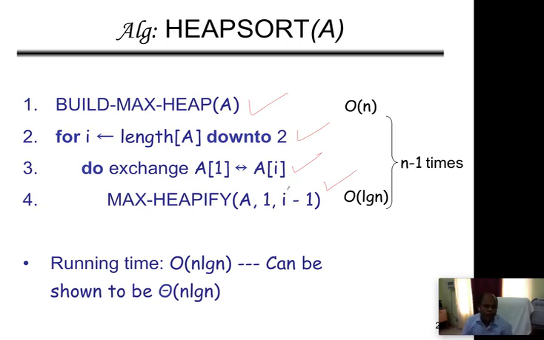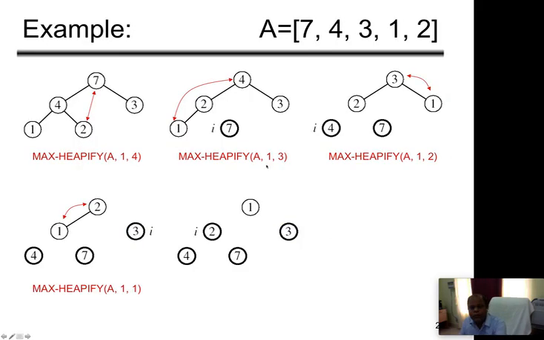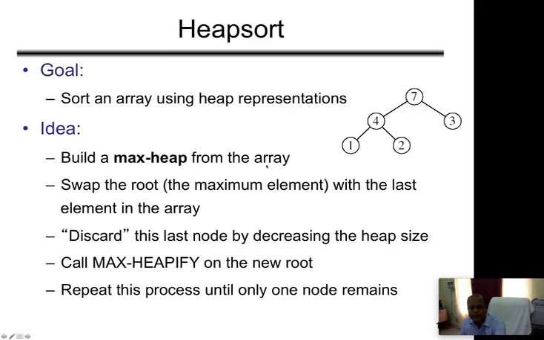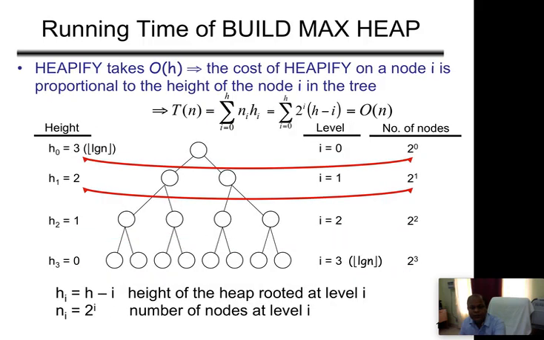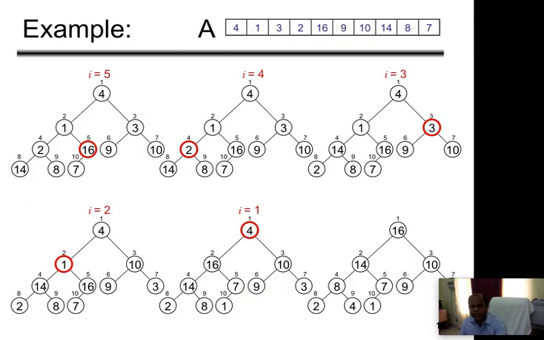Okay, see what is happening here. See how the heapify is happening. Once you have built a Max Heap, the biggest element is at the first array index of the array.